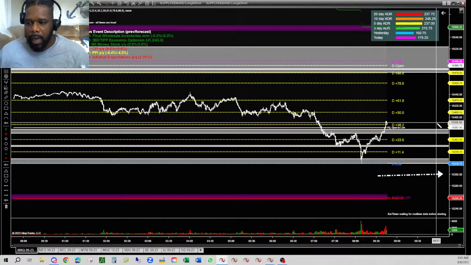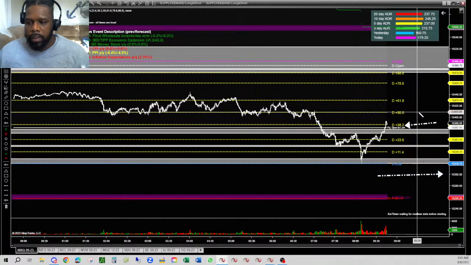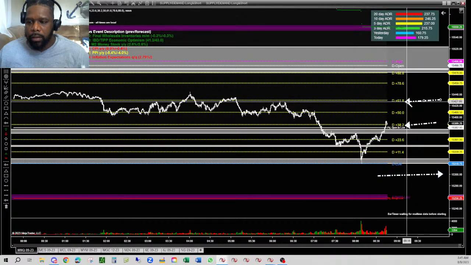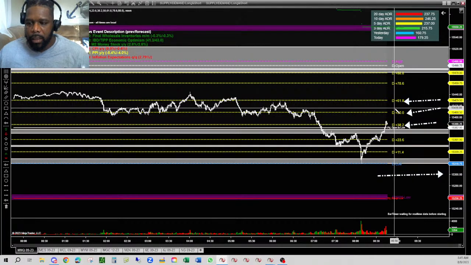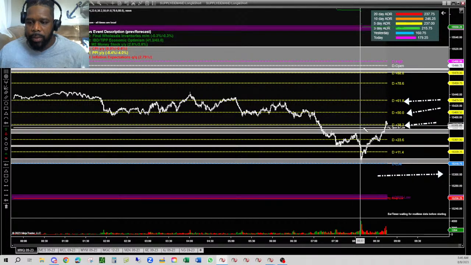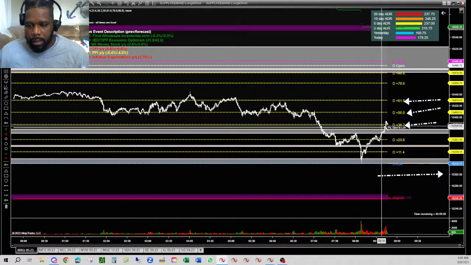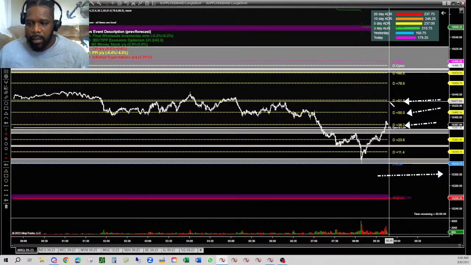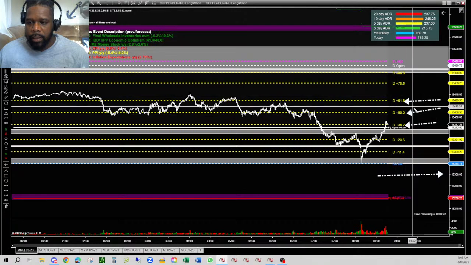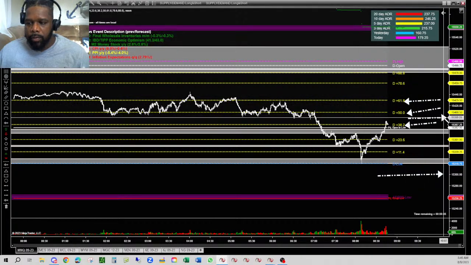Also, we have to be mindful of these golden ratio areas. Right now, since price is below these areas, we have to be cautious because this could be a level. If you're bullish, you have to be cautious because this is a level of resistance. We also had 15,400 right here.